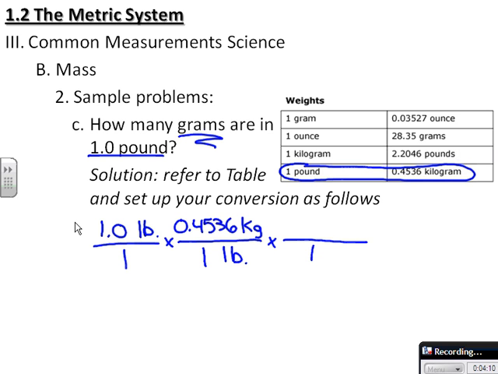And that is 1 kilogram is equal to, how many grams do you think? Remember, the prefix kilo means 1,000. So that's how many grams are in 1 kilogram. So you can cross out kilograms, cross out pounds, and you're left with grams. If you carry out your mathematics here, you'll end up with an answer in grams.